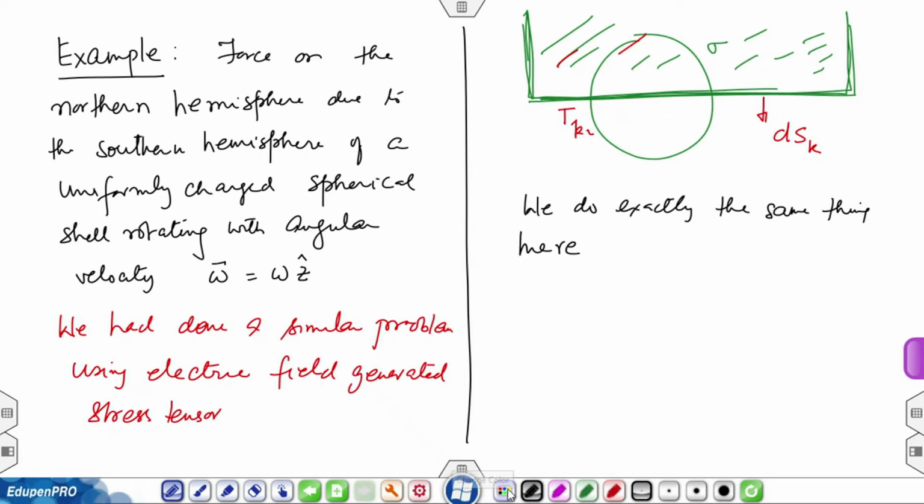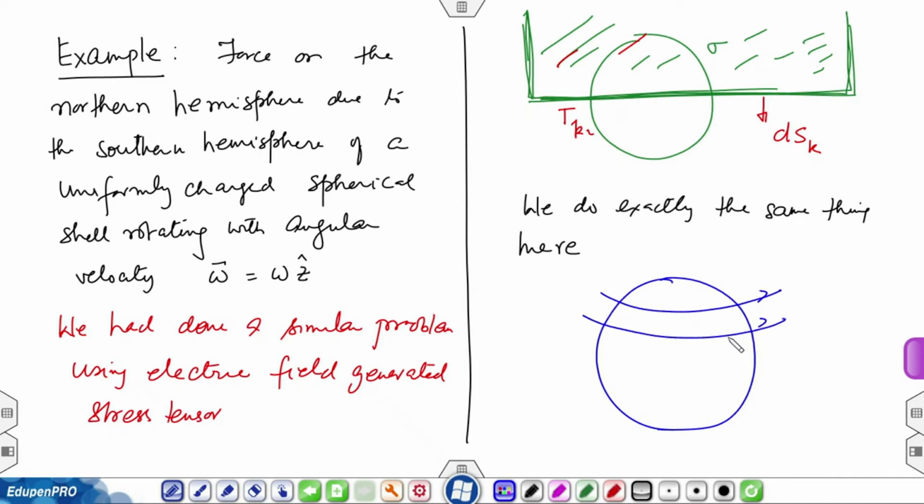What do we do? We take this sphere which is rotating with omega, and we want to calculate the force on the northern hemisphere due to the southern hemisphere. Divide this whole thing into two halves. This is the upper volume, the lower volume, and this box extends up to infinity.